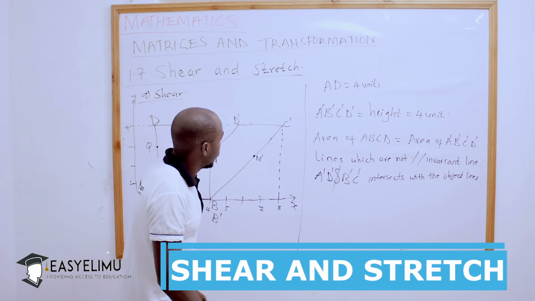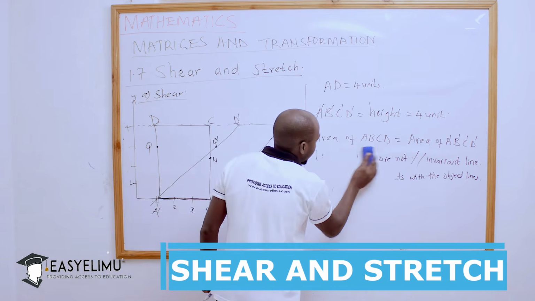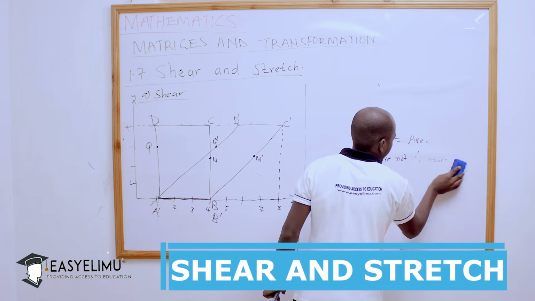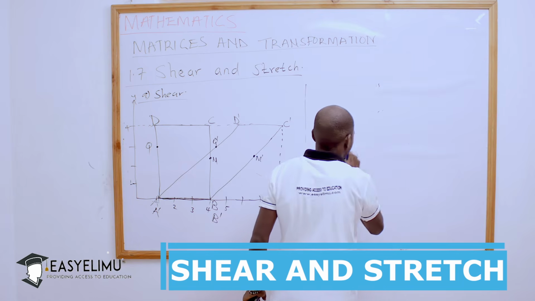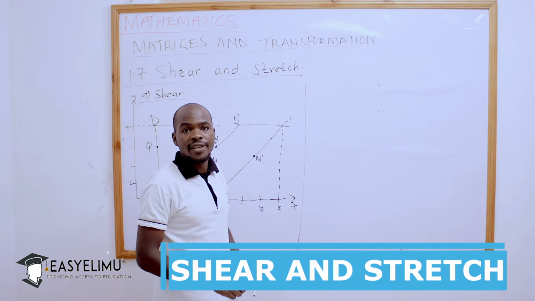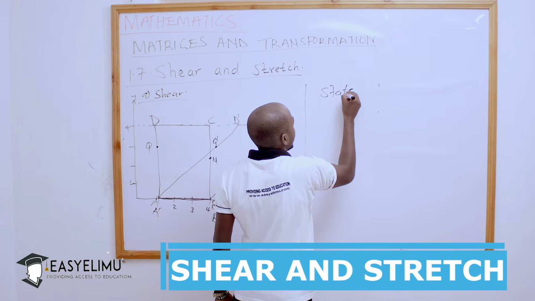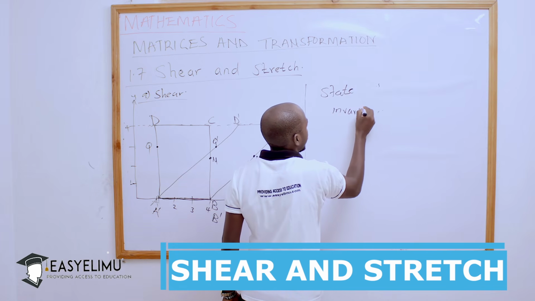And therefore, if you want to describe a shear matrix, you will state the invariant line.